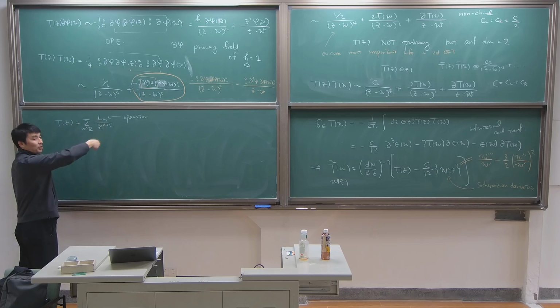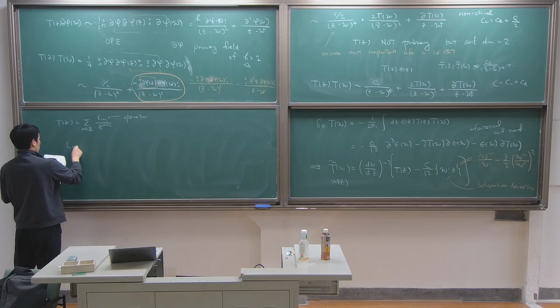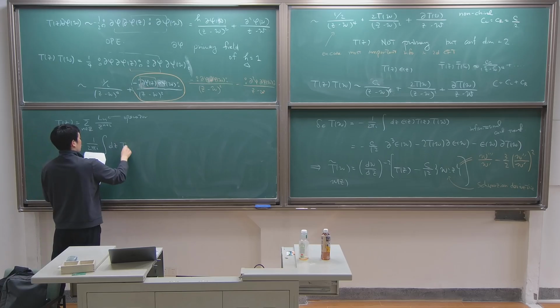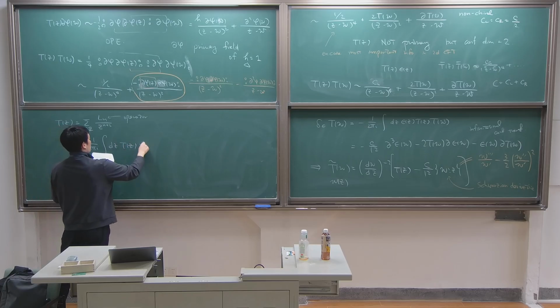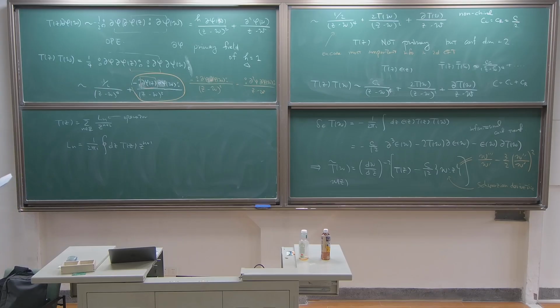So this is essentially a Fourier transformation. If you do the expansion this way, L_n is 1 over 2 pi i, the contour integral of dz T(z) z to the n plus 1, with the quantum operator at the origin. It becomes like this.